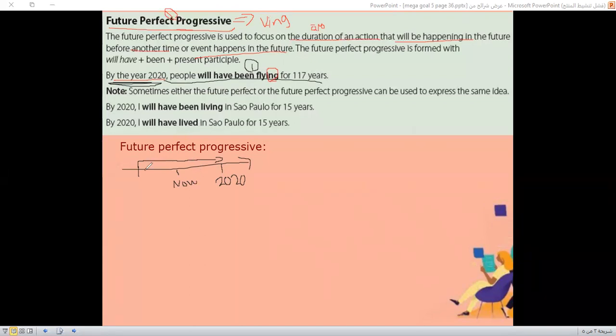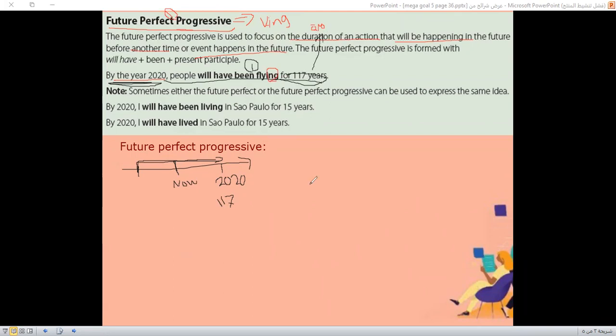No, in the past. So they started flying in the past, continued until the present, and also they are going to continue until the future. But until what? They are going to continue until 2020, and by this time they will have completed 117 years. This is the duration that we talked about.